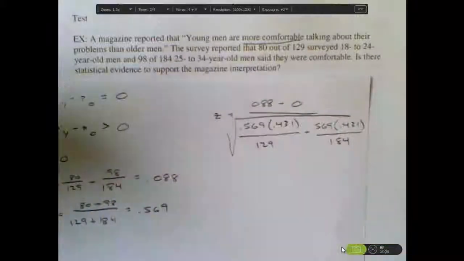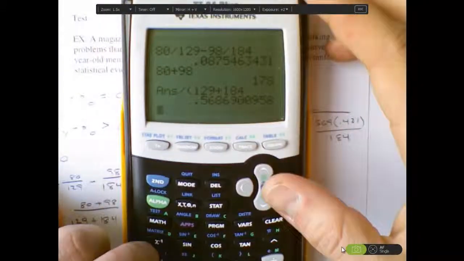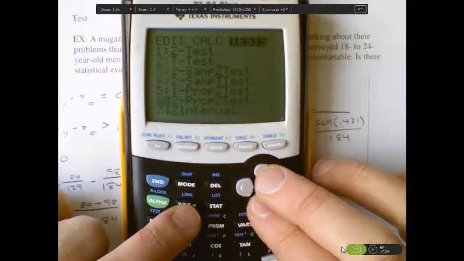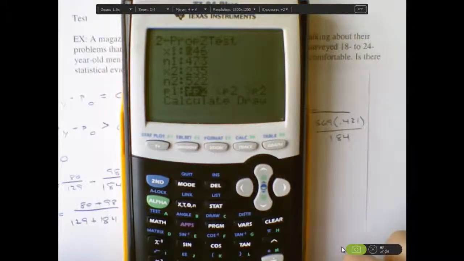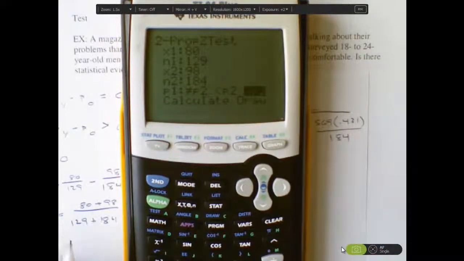All right, so to the calculator, I'm going to go to two proportion z-test. Number of successes from each group, 80 young men shared their problems out of 129. For group 2, 98 out of 184. And this was a one-tailed, upper-tailed test.